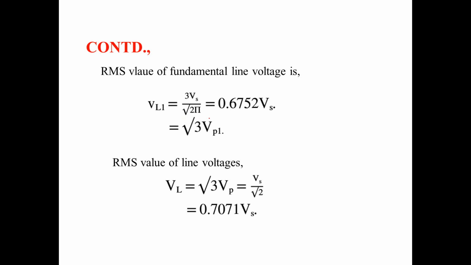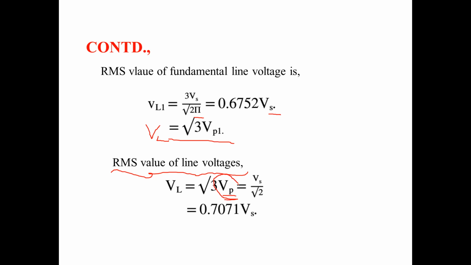Again, to calculate the line voltage, VL1, the line voltage, is 3 Vs by square root of 2 pi. So the value will be 0.6752 Vs. To find line to phase, VL will generally be root 3 times V phase. Here, the RMS value of line voltage is root 3 times the phase voltage.